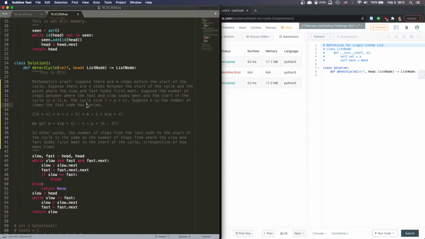Irrespective of how many times the fast node has cycled, it doesn't matter, because if it has cycled, it will stay at the same place. If done one time, if it's cycled 2 times, then N is still equal to P plus this.